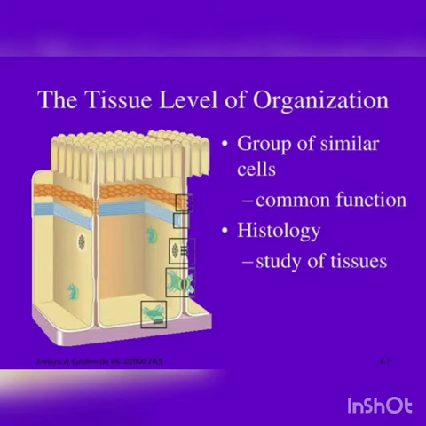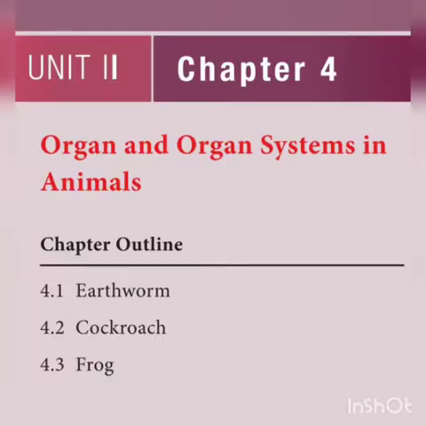In the previous chapter, we discussed the tissue level of organization, in which we discussed the types of tissues present in animals. In this chapter, we are going to discuss organ and organ system in animals. In this lesson, we will study different morphological and anatomical features of earthworm, cockroach and frog.